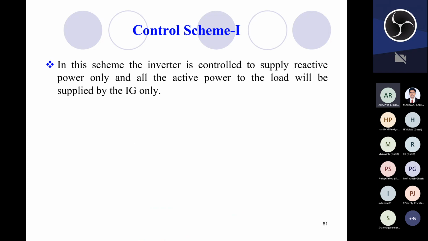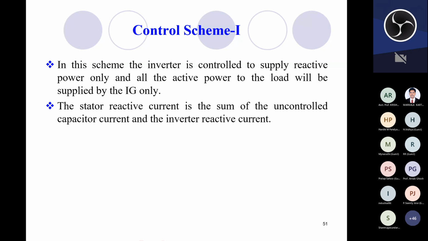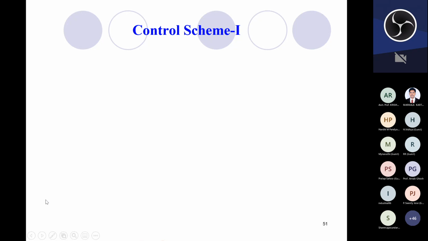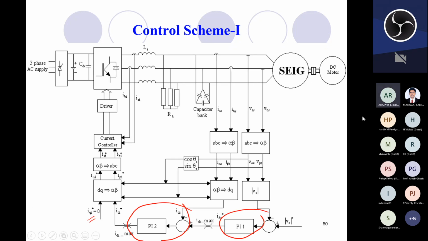So first controller is the loop. You can see the stator reactive current is the sum of the uncontrolled capacitor current and the inverter current. So here the stator current, that means the reactive current, will be supplied by this capacitor, and the reactive current supplied by this inverter.